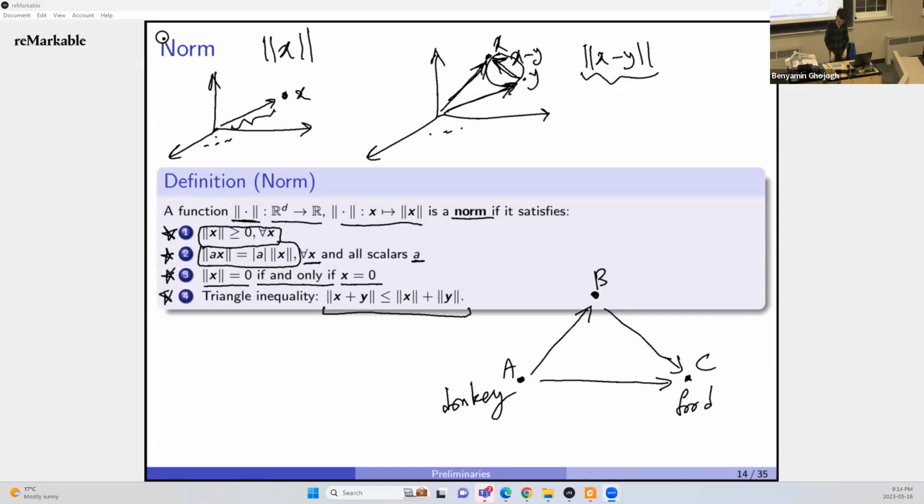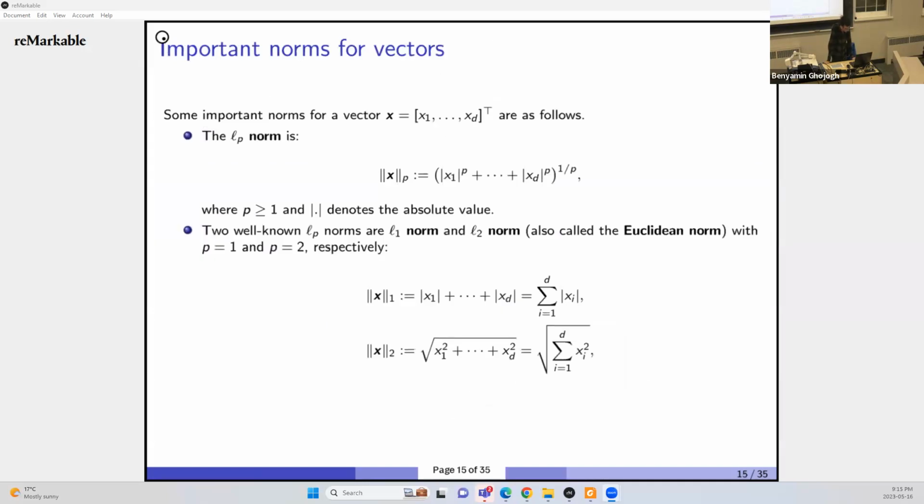Important norms for vectors. Some important norms for a vector x are as follows. LP norm. I think the most important norm that you need to know here is the LP norm. There are some other complicated norms too, but maybe out of the scope of this course. But if we have time, we can go over them too, such as the nuclear norm. But for now, let's talk about the LP norm. The LP norm is defined as this.